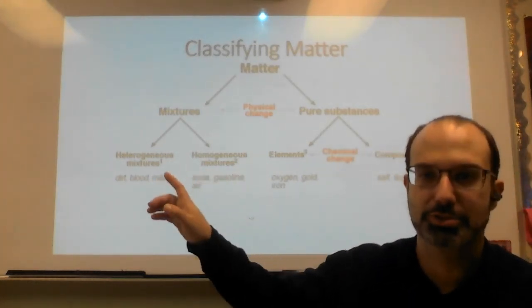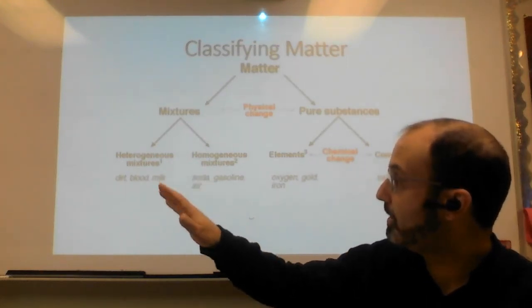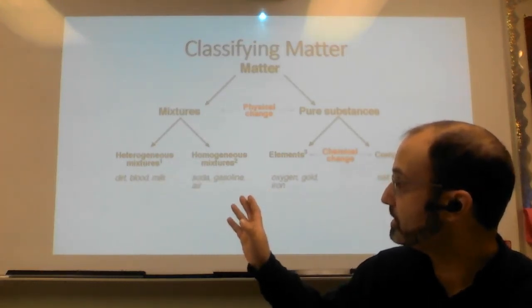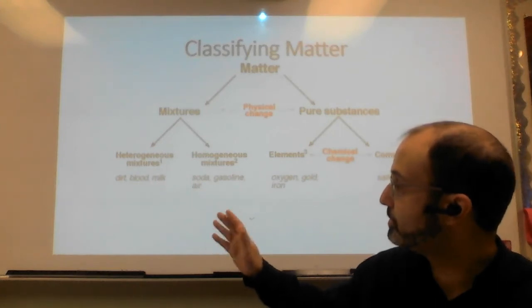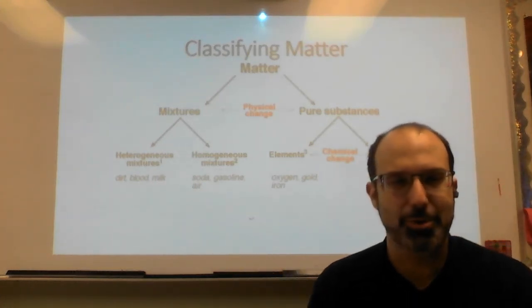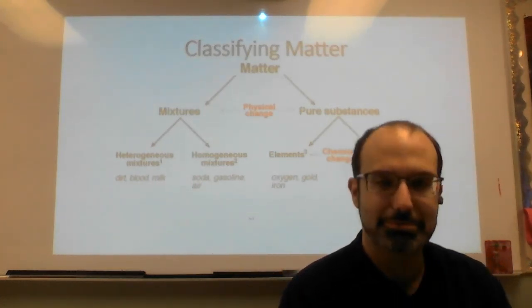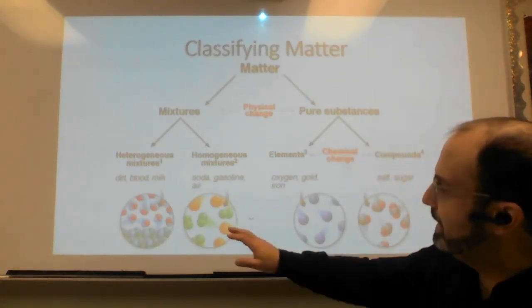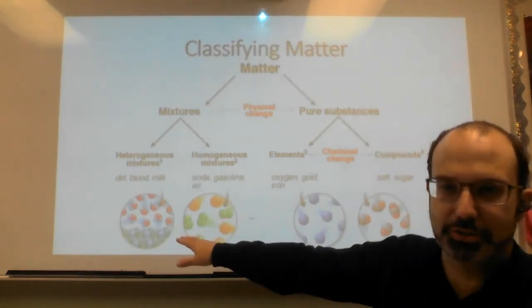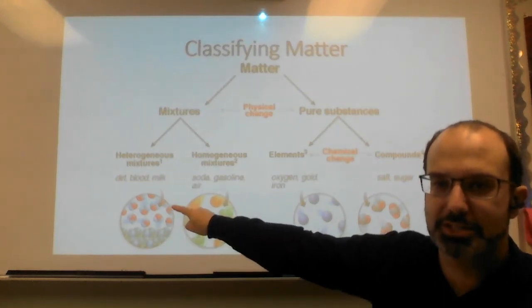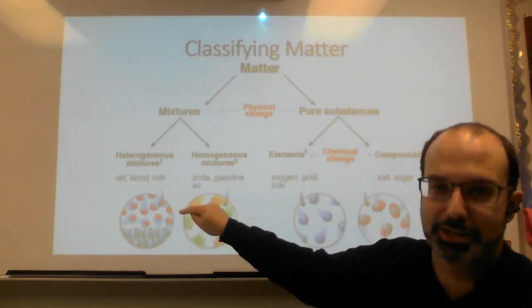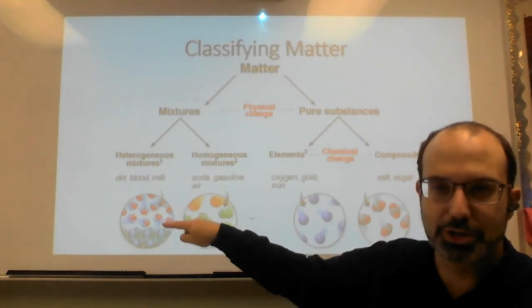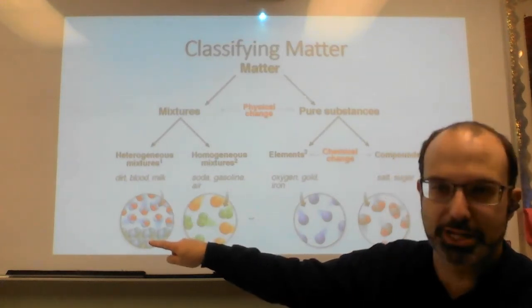Mixtures, of course, are going to be dealing with heterogeneous and homogeneous. So dirt, blood, milk versus soda, gasoline, air. Seems like quite the weird distinction, doesn't it? So a little bit of pictures can help. A heterogeneous mixture is where you've got two or more things and they're clearly separated from each other, right? This is the red-blue zone and this is the blue-green zone.